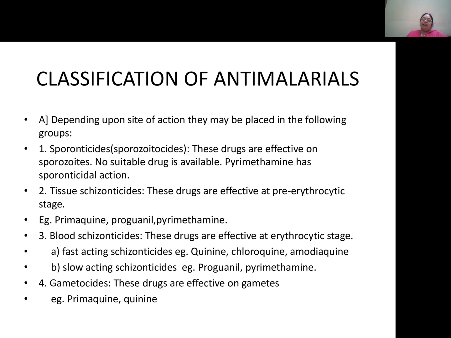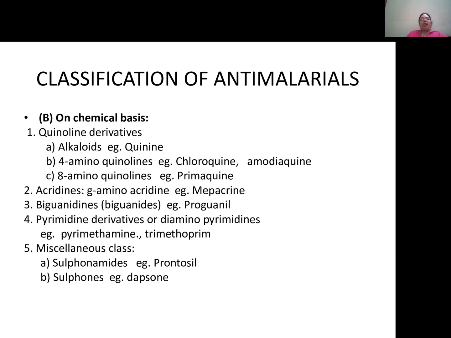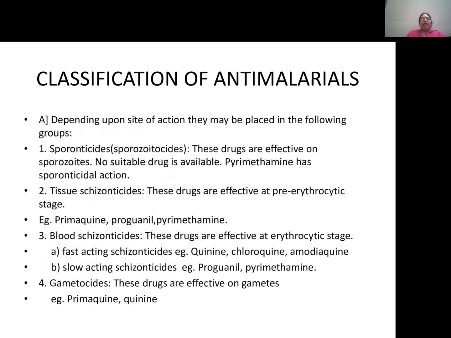Further, the category goes to gametocides. These drugs are effective on the gametes. Examples of drugs are primaquine and quinine. So that was the classification of antimalarials depending on the site of action.